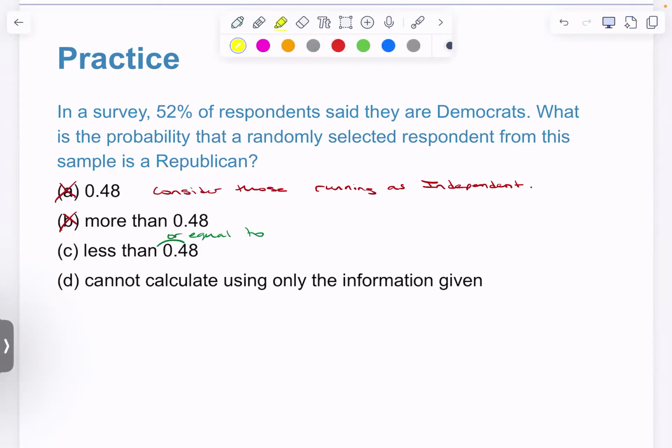Then I'm okay with C. Or I could be convinced of D because it doesn't tell us how many parties there are and things like that. But I'd be happy with C.